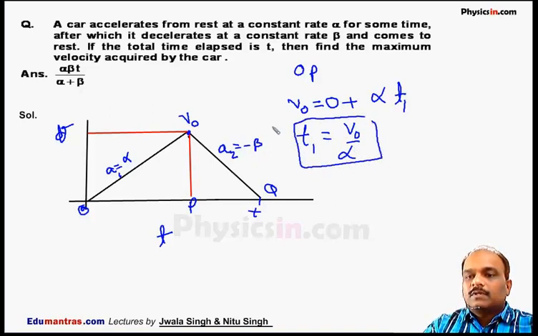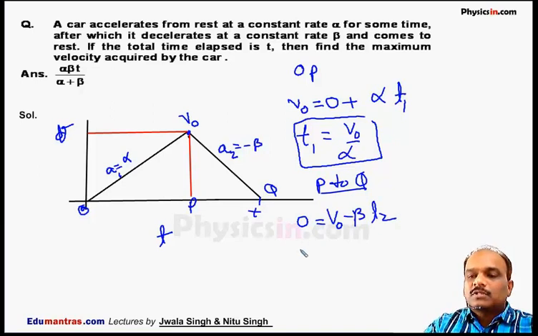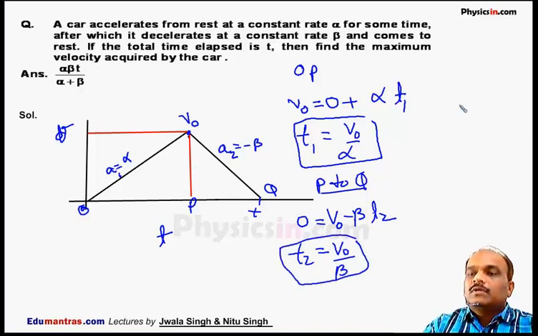Now from P to Q, we can say the final velocity is 0, which is initial velocity, that is v0, minus beta into t2. So from this expression we get t2 equal to v0 by beta. This is our second expression. We also know the total time which is given, that is t, which is equal to t1 plus t2.